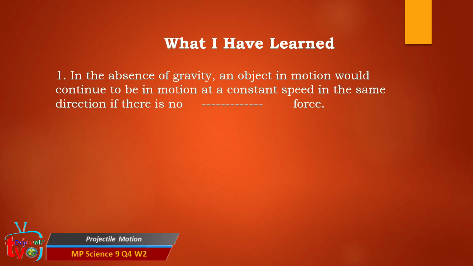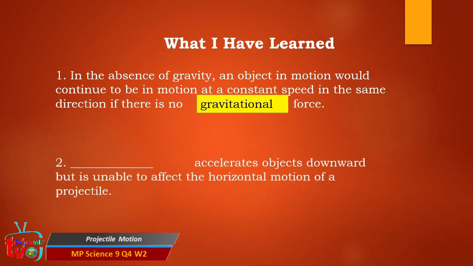And the correct answer is gravitational. Number 2, blank accelerates objects downward but is unable to affect the horizontal motion of a projectile. The answer is unbalanced forces.